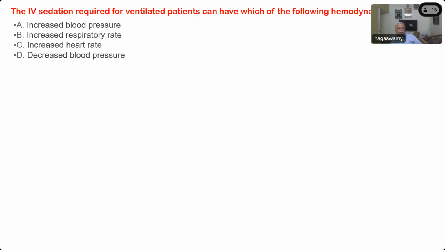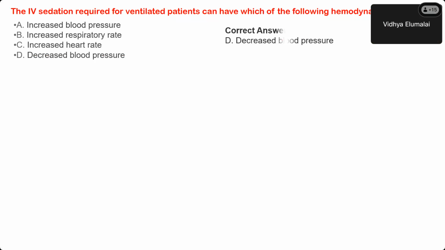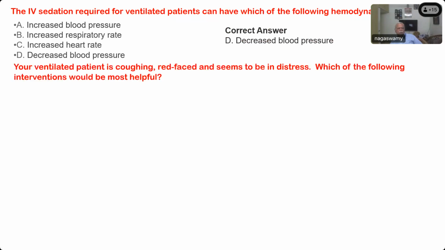Why? Heart rate, sir. Increase the heart rate, sir. The correct answer is decrease, because ventilation decreases the venous return due to the change of intrathoracic pressure from negative to positive. On top of that, if you give sedation, it decreases the sympathetic drive. So both will cause a decrease in blood pressure.